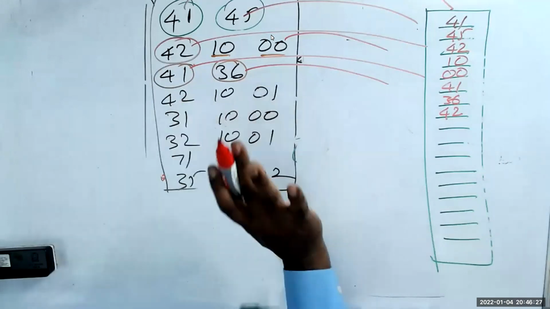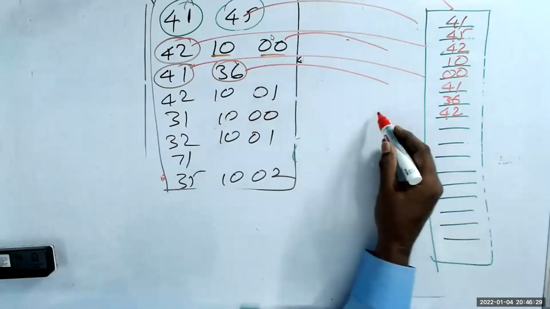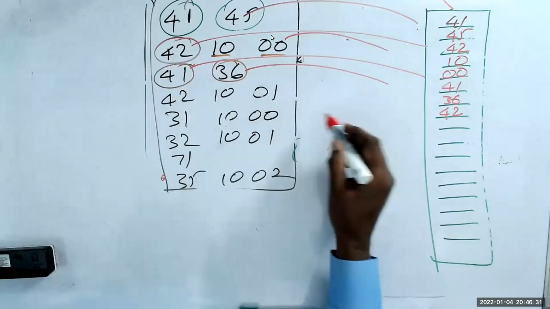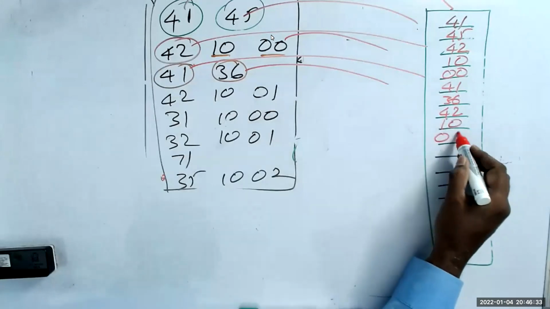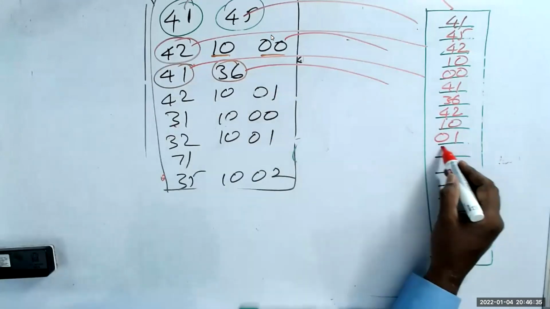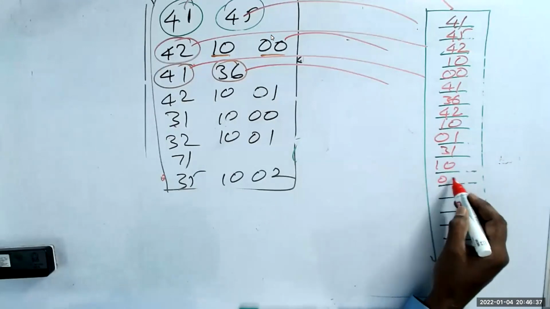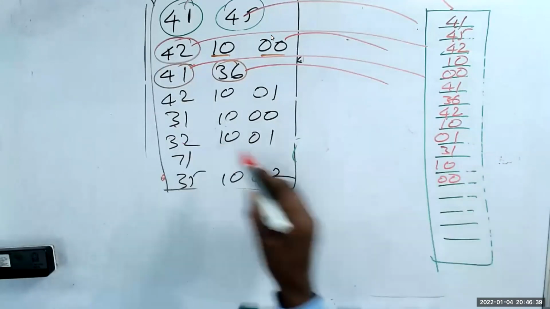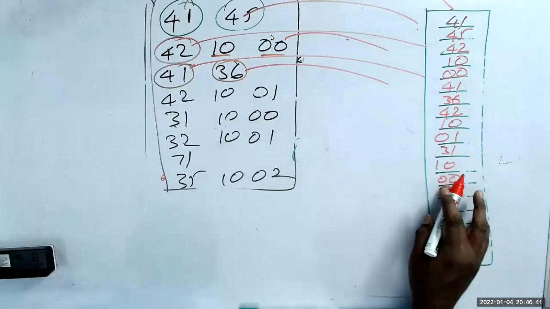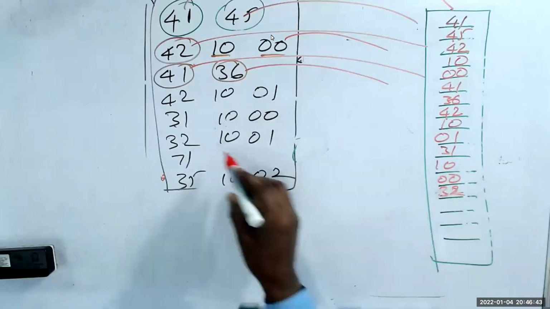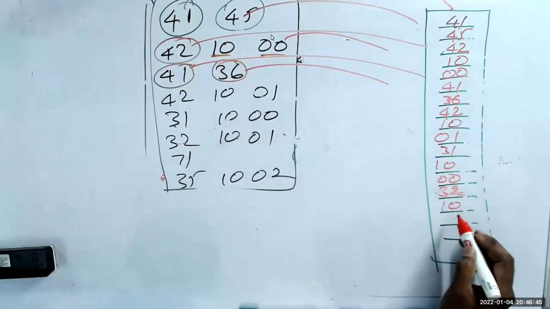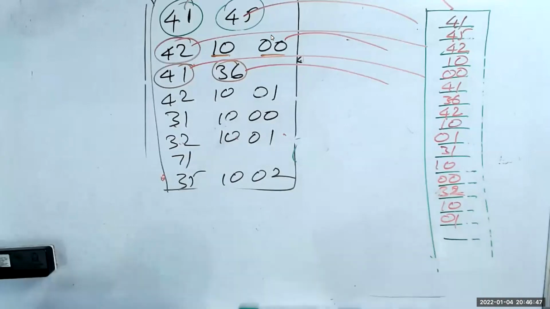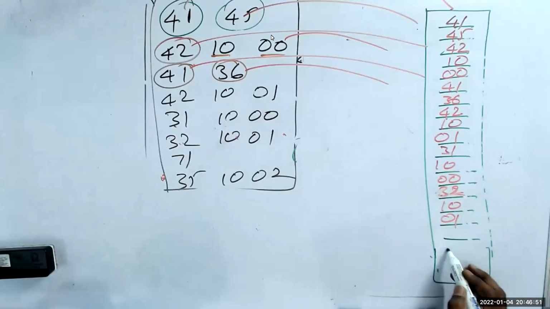Right now, we assume I'm writing into the memory one by one: 42, 10, 01, then 31, 10, 00, 1000, then 32, 1001. I have some more, so let's write everything. Then 71.